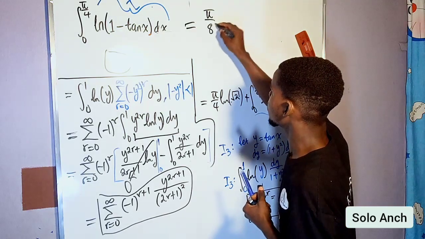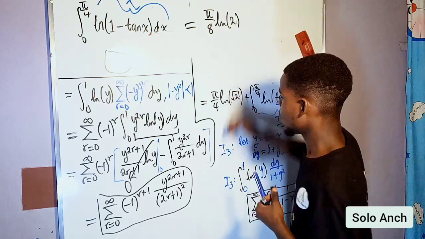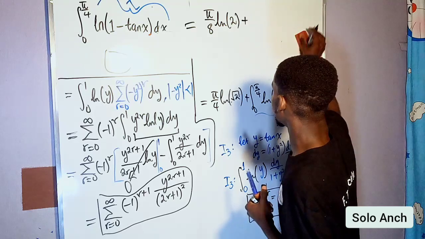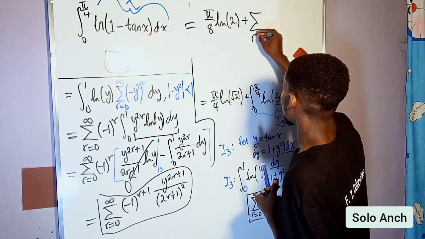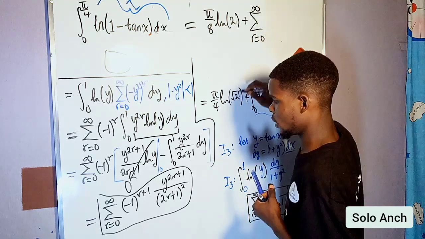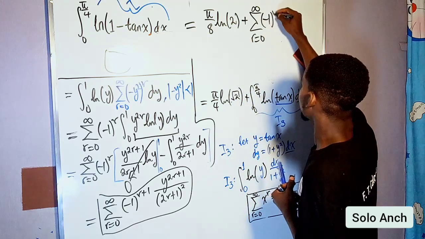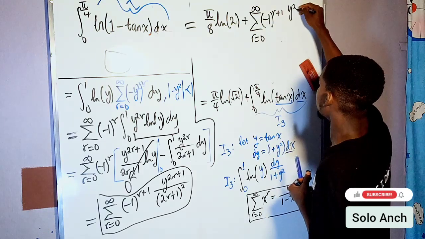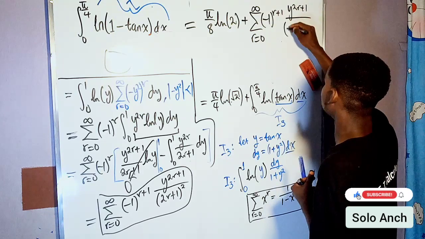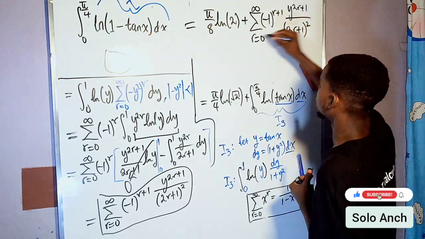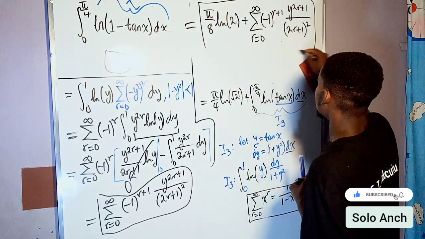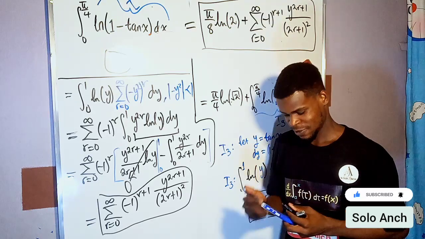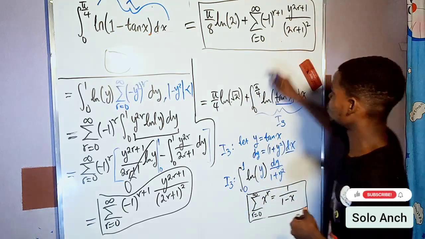That'll be pi over 8, then the natural logarithm of 2, plus this sum right here. That is plus the sum as r starts from 0 up to infinity of negative 1 raised to the power of r plus 1, times this part, which is y raised to the power of 2r plus 1 divided by 2r plus 1 squared. And this right here is a good place to stop.